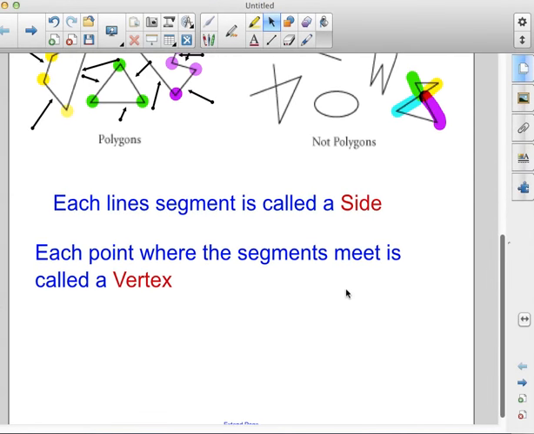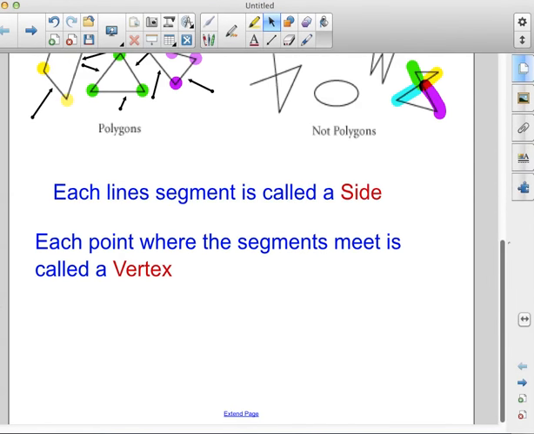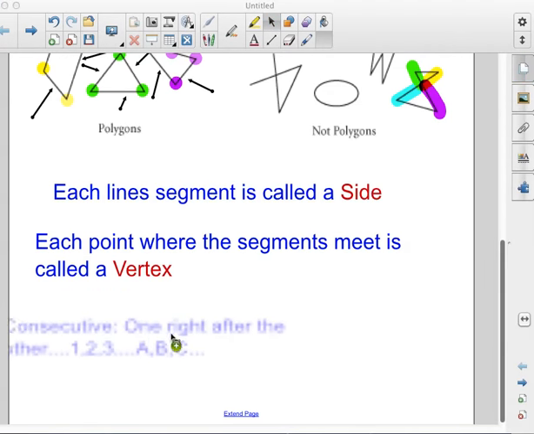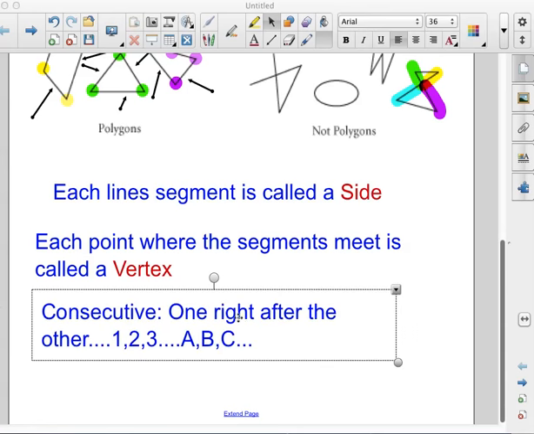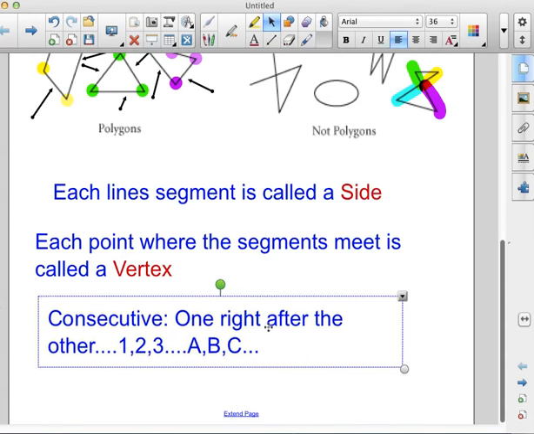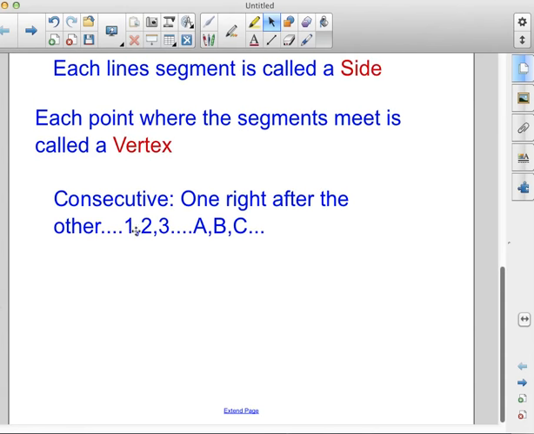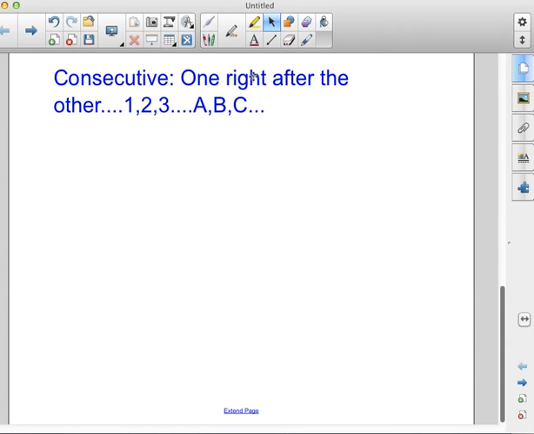Now, let's talk about our first vocabulary word. Well, not our first, but one of the vocabulary words for the day. And that is consecutive. Write that down. Consecutive means one right after the other. For example, the numbers 1, 2, and 3 are consecutive. The letters A, B, and C are consecutive because they come right after the other.